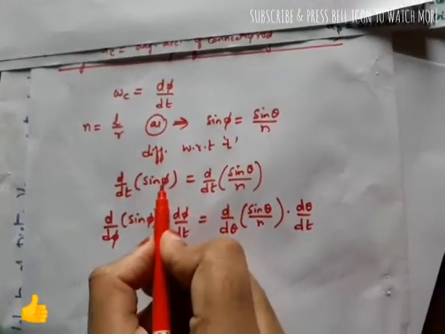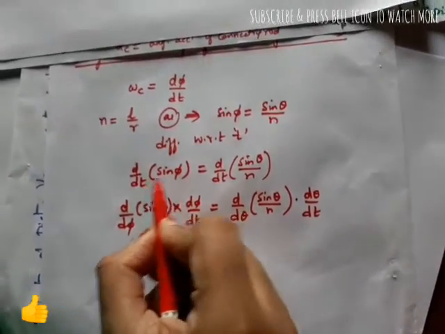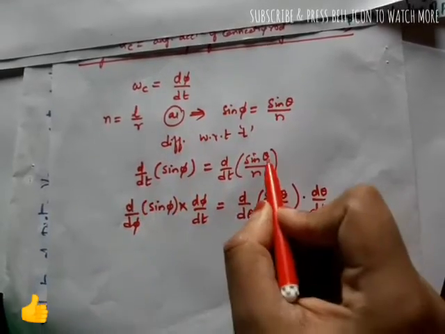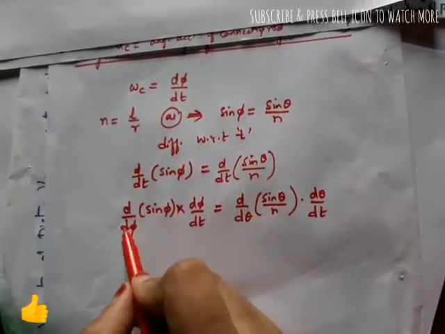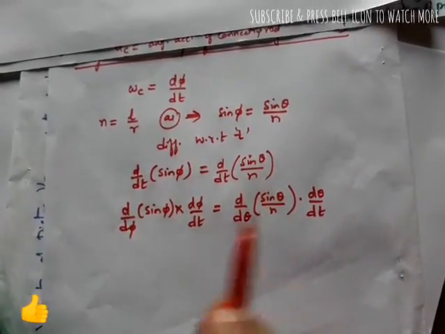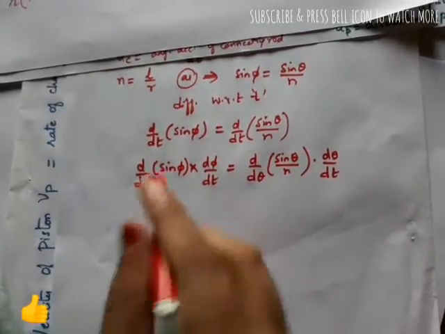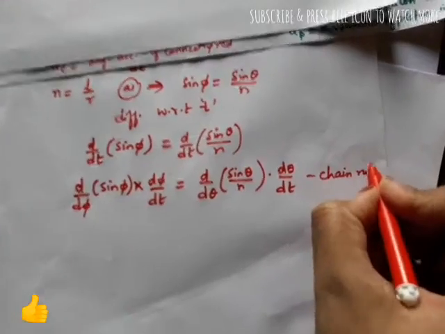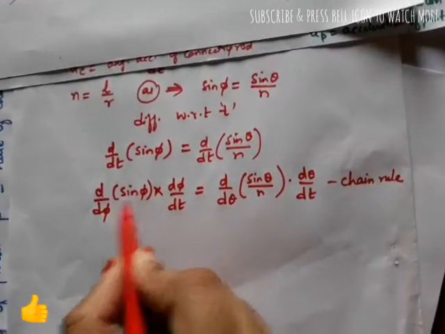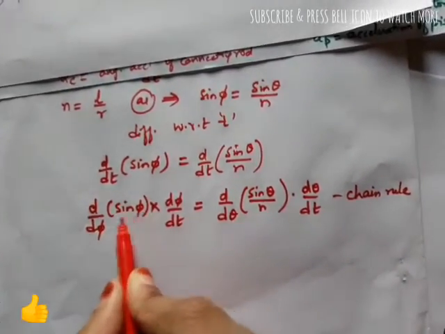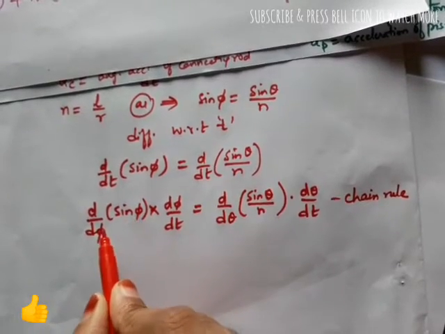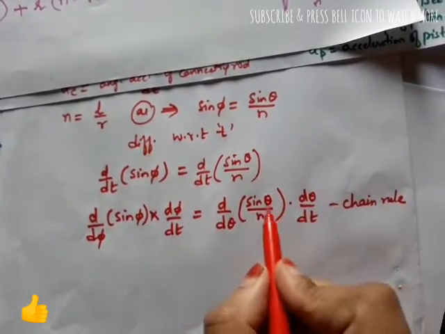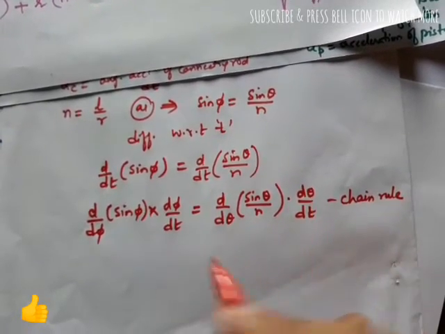We are not dealing with terms involving phi with respect to t or theta with respect to t directly, so for easy math work we use the chain rule, writing in terms of the variable we have to differentiate. Here we have phi, so we take d by d phi into d phi by dt. Here we have theta, so we use theta.